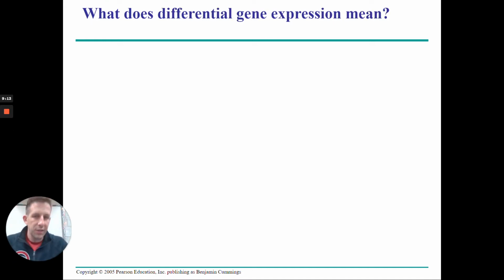Now let's extend it a little bit further, because it'll ultimately lead to the point that we're trying to make here. What does differential gene expression mean? And again, you probably have already been asked this question and maybe struggled through it. But it means that different genes are expressed in different cells.